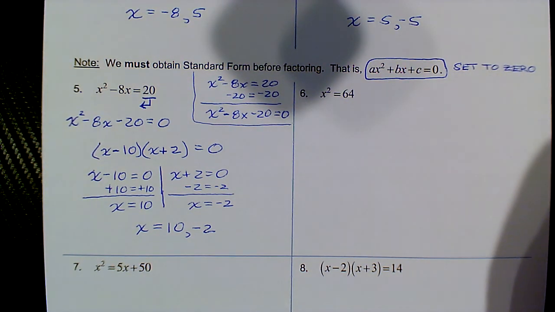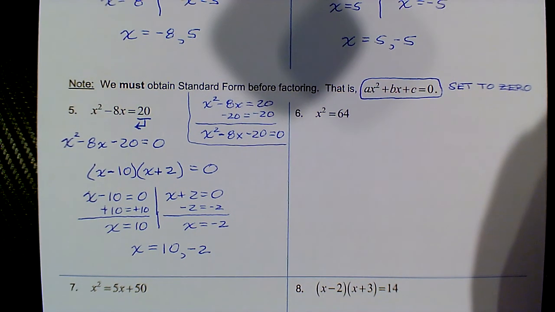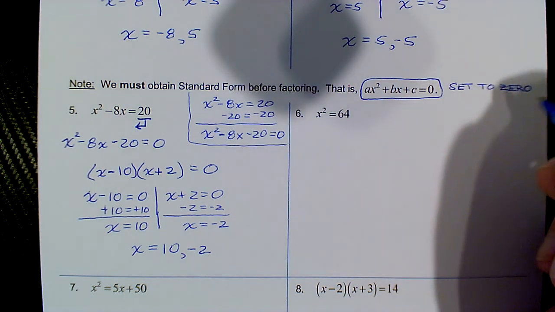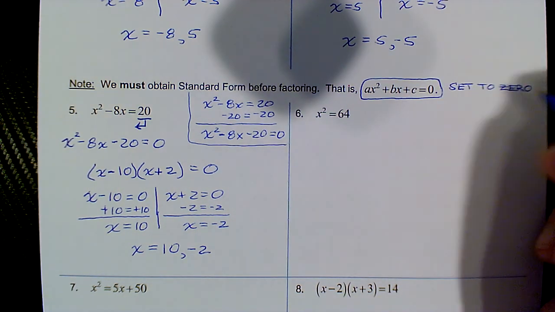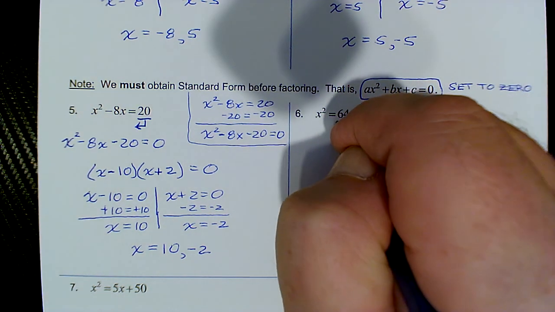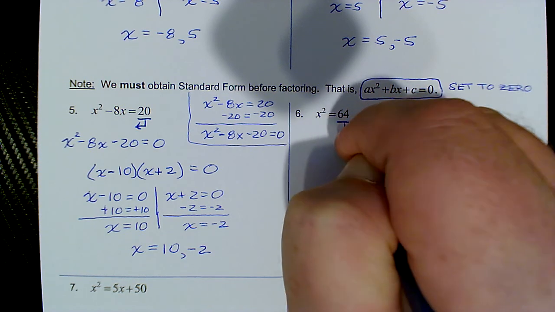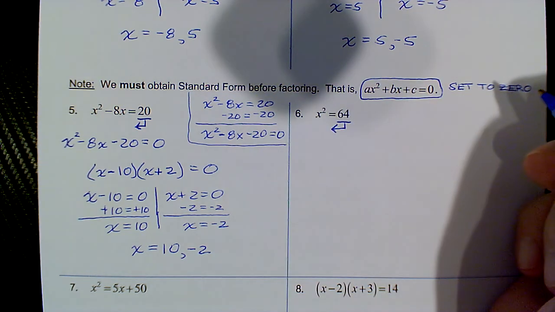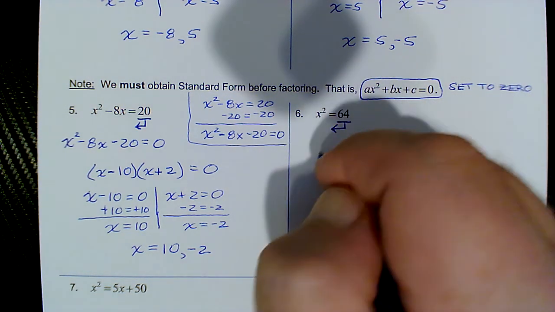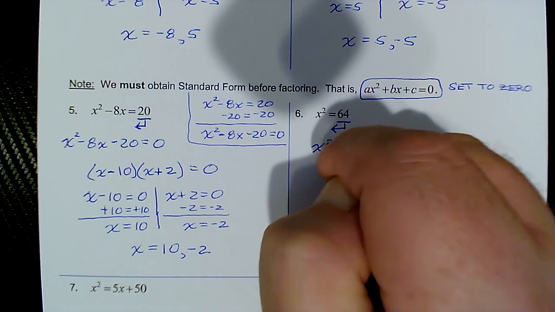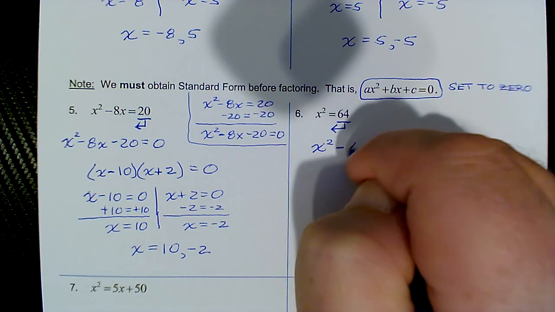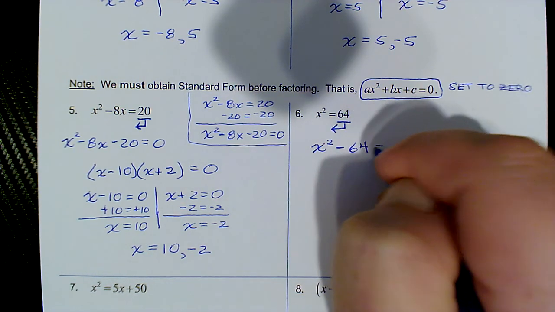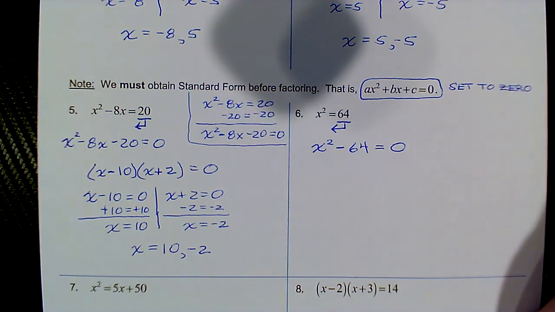And remember, it's just moving a term from one side to the other, and you're adding the opposite. So this 64, I'm just going to show from now on the transposition mentally with these little arrows. So the x squared on the left now is joined by a negative 64. And that's set equal to 0.